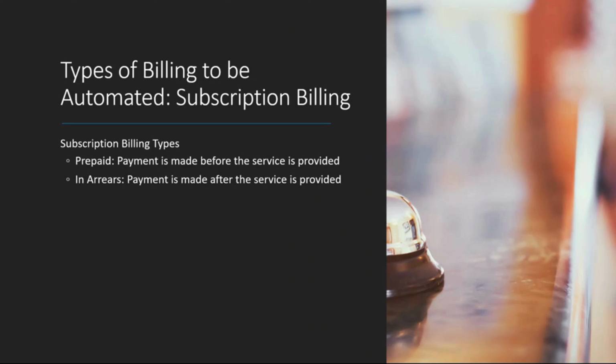Another example is in arrears billing. A good example of this is if for us, we provide cloud storage and cloud hosting to our customers. So sometimes, depending on the amount of cloud storage that is being used month to month, we can set up in arrears billing to allow us to at least generate an invoice, even though it's sitting in pending approval status. The template remains the same.